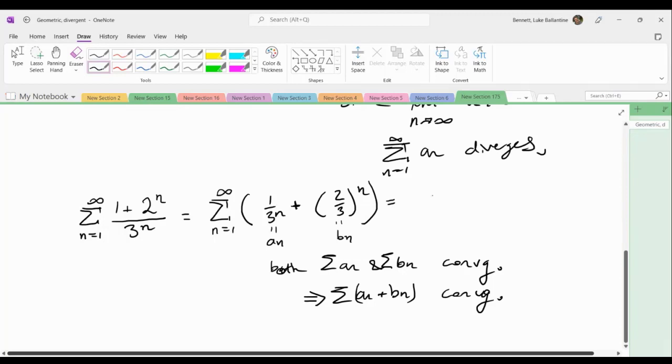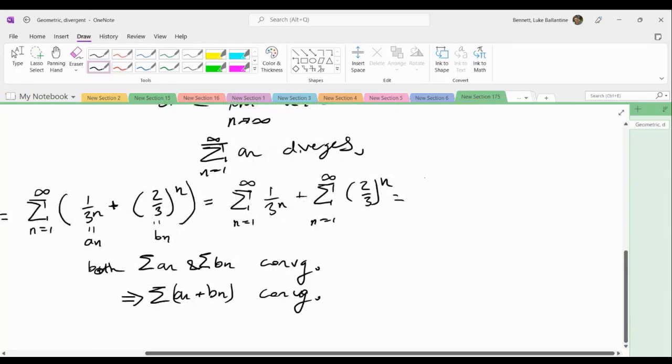So this is equal to the sum of 1 over 3 to the n plus the sum of 2 over 3 to the n. So now we use our formula. So this will be 1/3 over 1 minus 1/3 plus 2/3 over 1 minus 2/3.